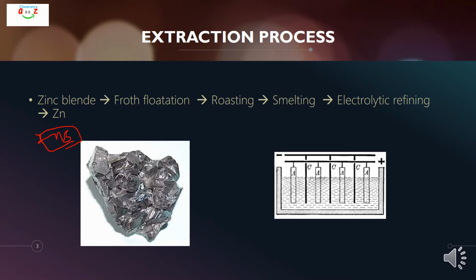Because here the sulfide ore is wet with these fatty acids and comes to the surface of the tank, while the gangue particles, which are not wet with the fatty acids or pine oil, settle down at the bottom. This is the froth flotation method.